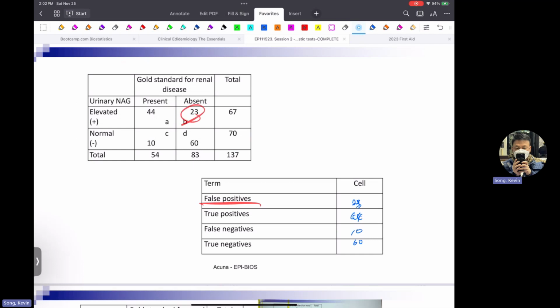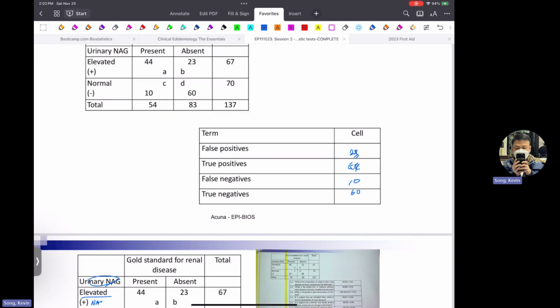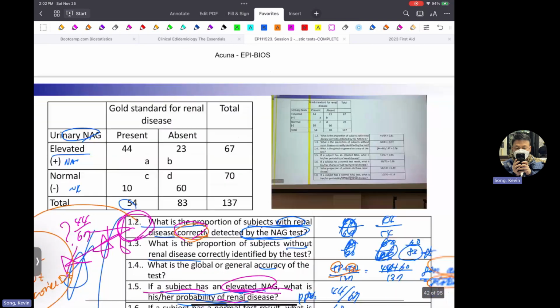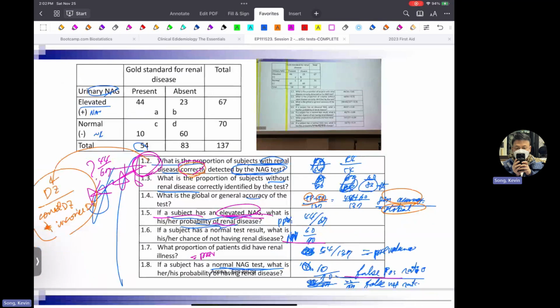False positive is 23, and true positive is going to be 44. Then false negative is 10, and the true negative is 60. Okay, so we all know this, right?